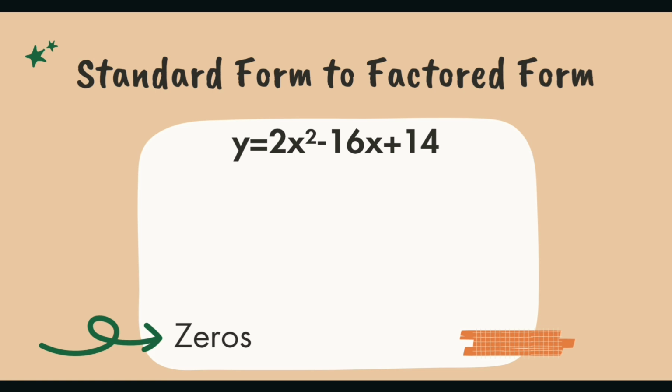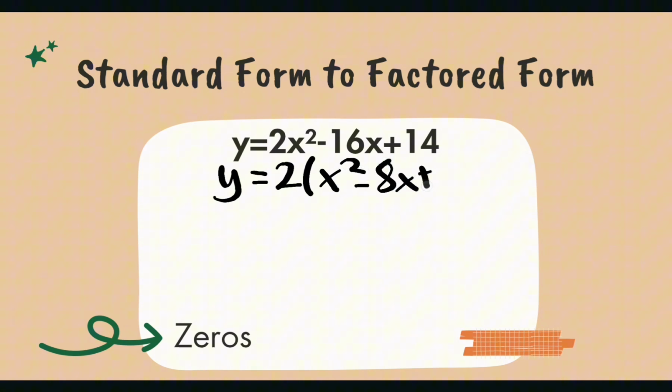First, let's look at converting from standard form to factored form. We need to put y equals 2x squared minus 16x plus 14 in brackets, factoring out 2. Then we should find what the numbers are.